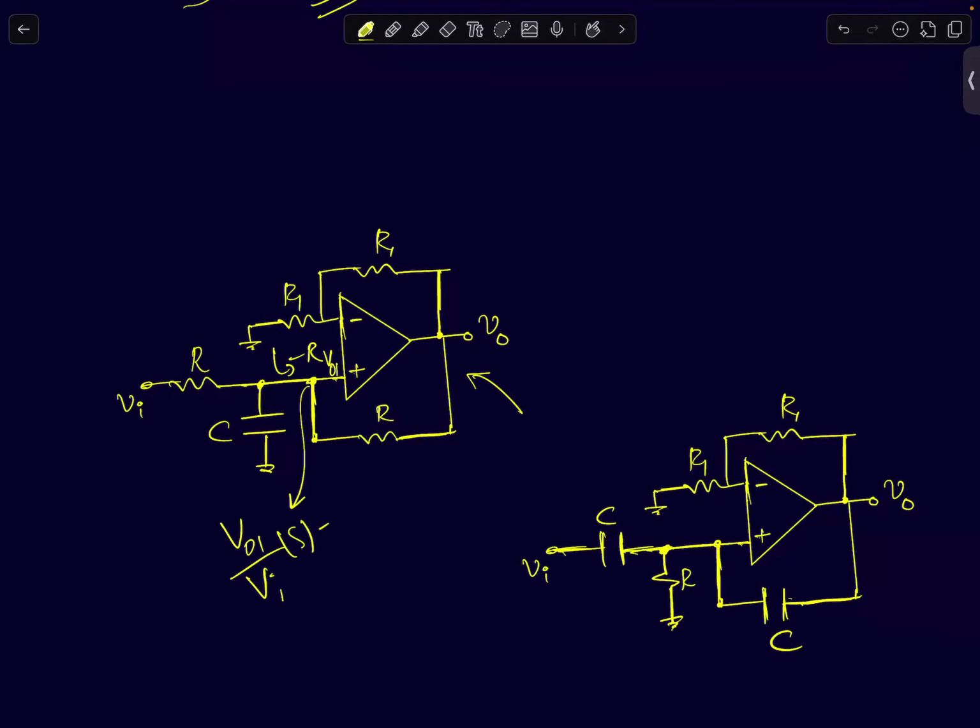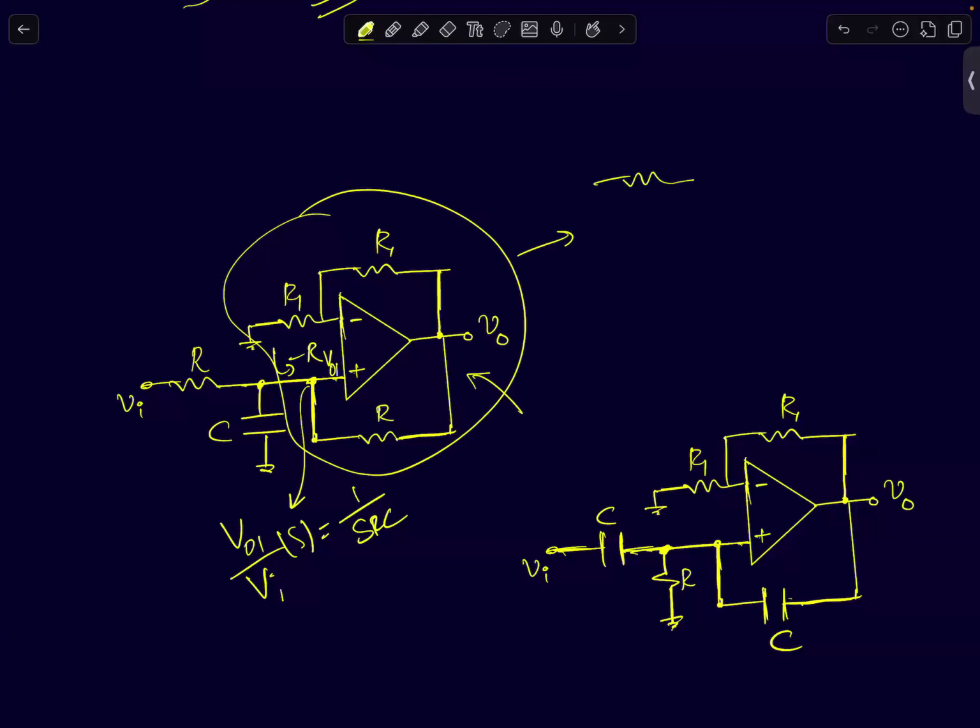VO1 by VI of S is 1 by SRC. The equivalent circuit for this entire thing reduces to a resistor, a capacitor, and minus R, and the transfer function for this circuit is 1 by SRC.